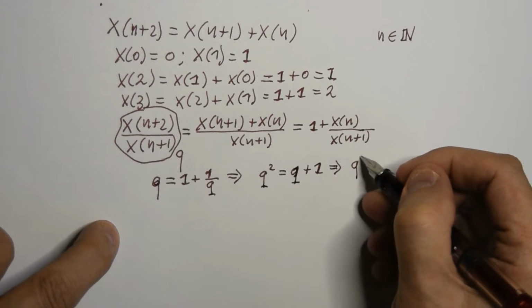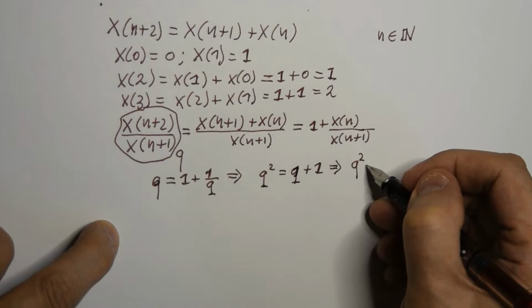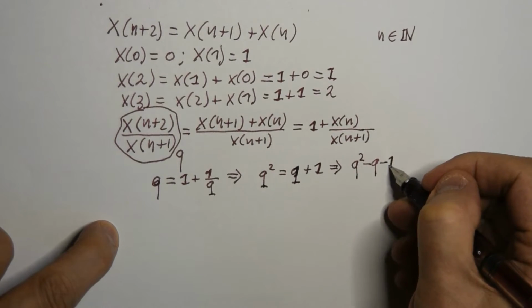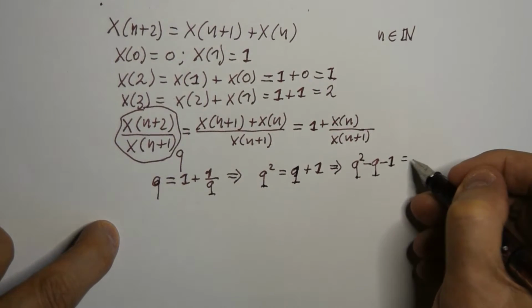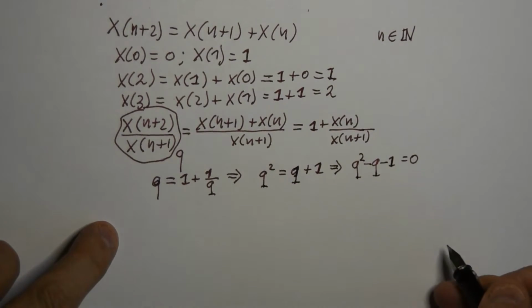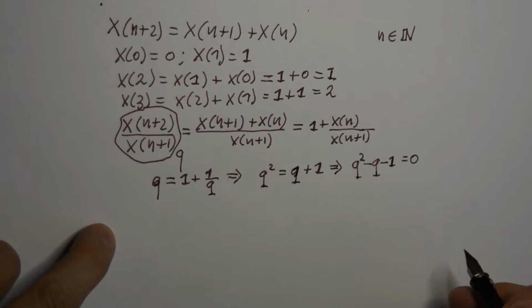And maybe even more in a familiar form, q squared minus q minus 1 equals 0. And we can solve this with the ABC formula. So let's do that.